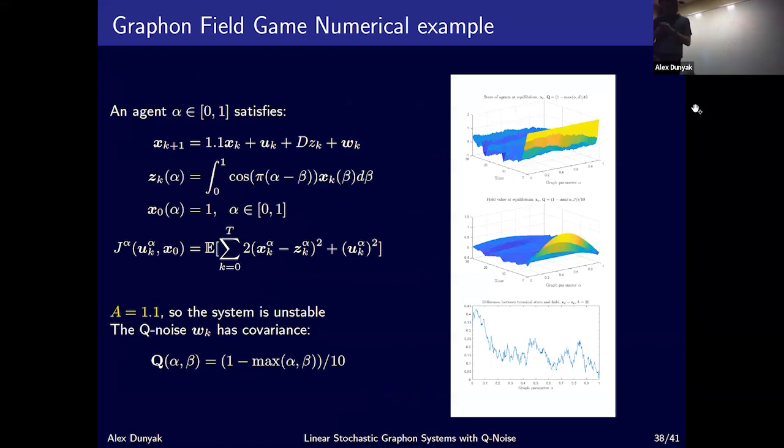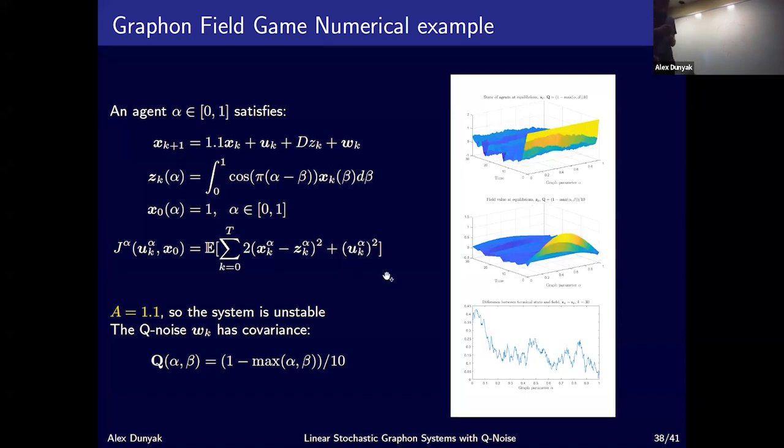Just as a very quick numerical example, say we have a graphon field game defined by the equations x_{k+1} equals 1.1 x_k plus u plus z_k plus w, and z is given by an integral of the cosine graphon acting on x_k, with the objective function 2 times (x minus z_alpha) squared plus u squared.